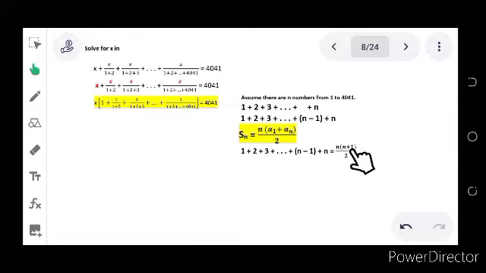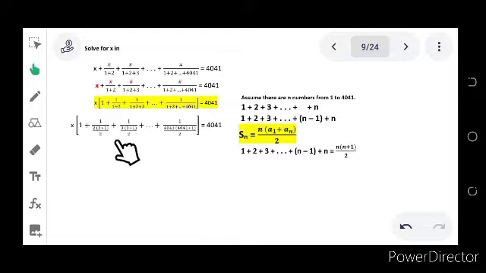That's why we got the n plus 1 here. So this is now the sum, n times (n plus 1) over 2. Using this general pattern, we can now rewrite the denominators as this one. Notice the pattern here, we just applied it in the denominators.